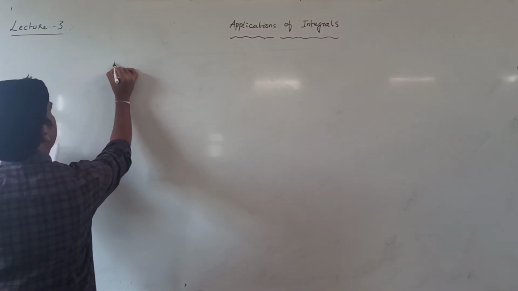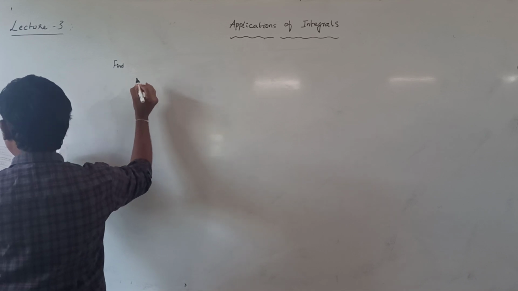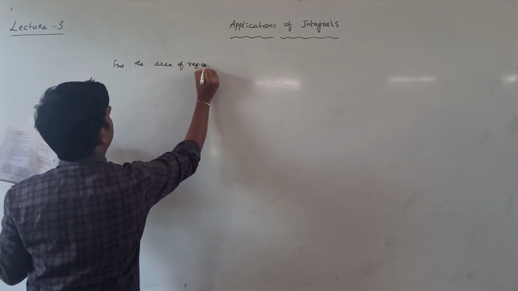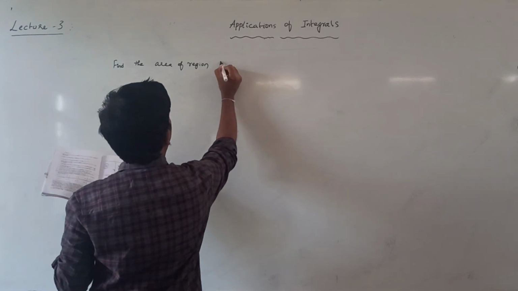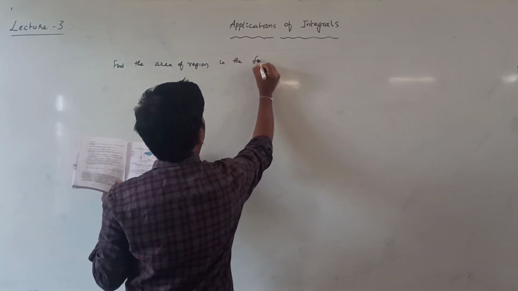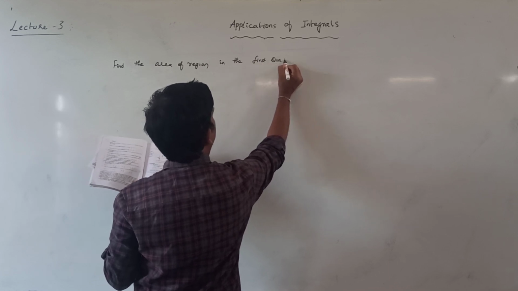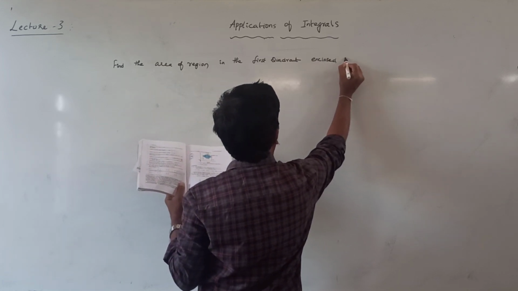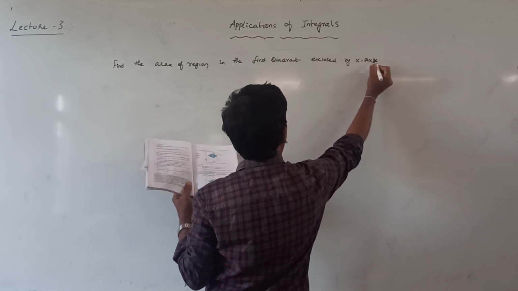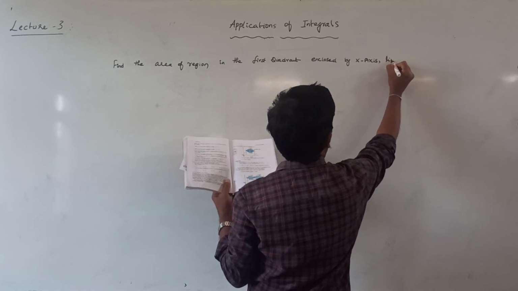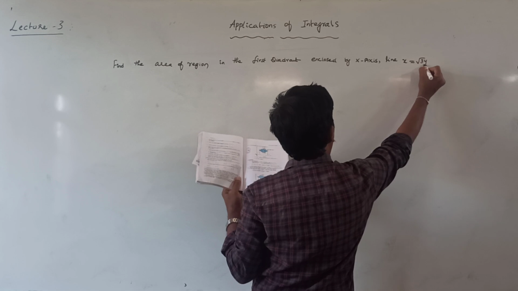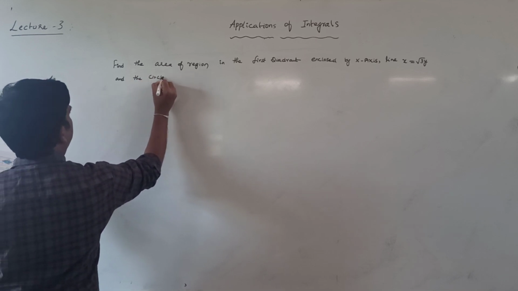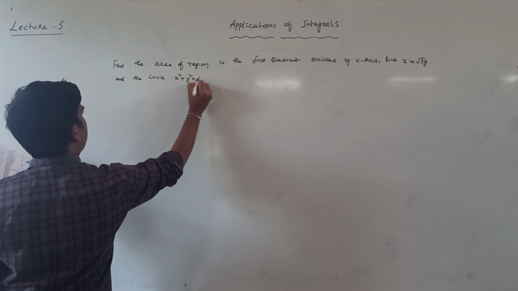Important one, 5 marks expected. Find area of region in the first quadrant enclosed by x-axis, comma the line x is equals to root 3y and the circle x square plus y square is equals to 4.